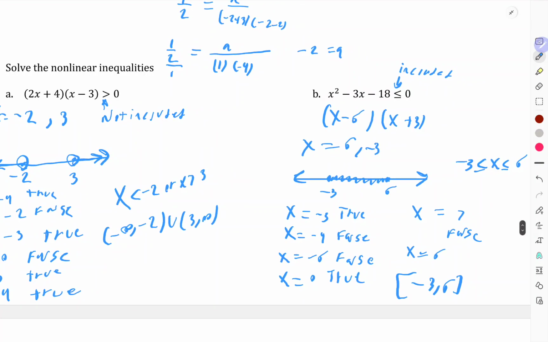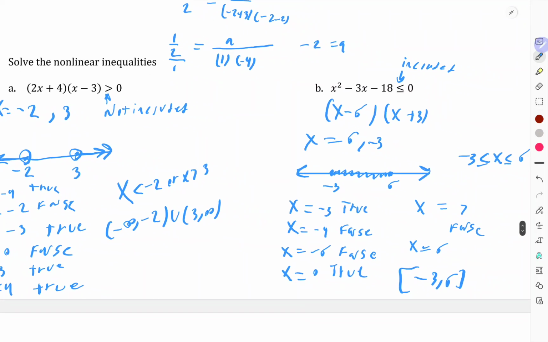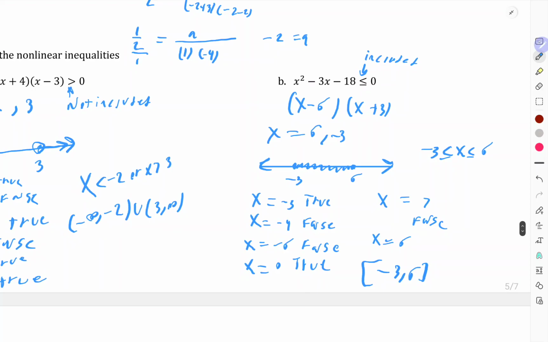The general rule of thumb for this one is factor it out, find the x's, plot it on a number line. When you do that, just fill in for now, and when you know if it's open or not, you test it, right? So negative 3 came out as true, so it is included, right? And negative 6 came out as false, and this came out as true, right?